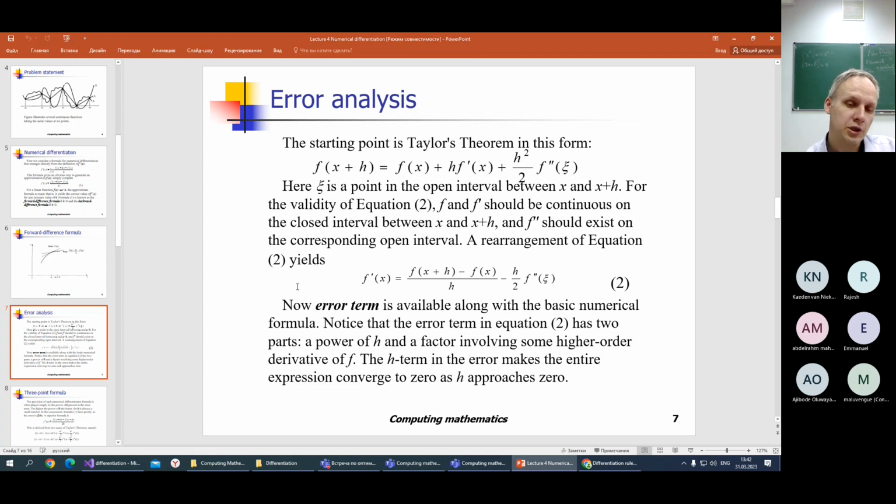For the validity of equation number 2, let's suppose that the function is continuous and the first derivative of the function is continuous too on the closed interval between x and x plus h. And suppose also that the second derivative exists on the corresponding open interval.